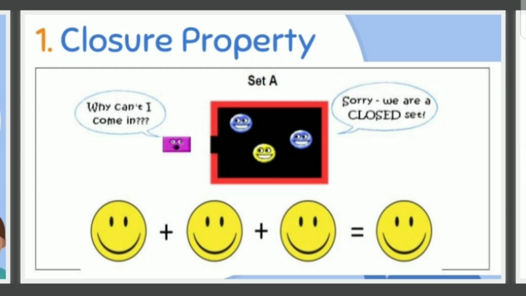There are 3 persons, 1, 2, 3. If you add those 3 persons, the resultant is the same type. All 3 yellow persons are added, and the resultant is also the same person. So, the next slide.